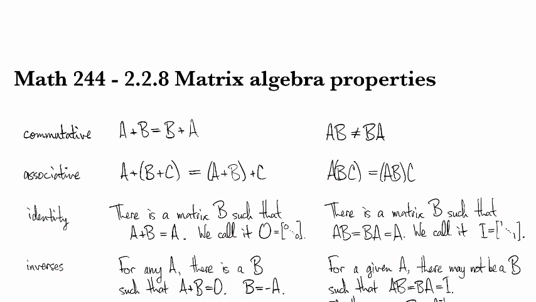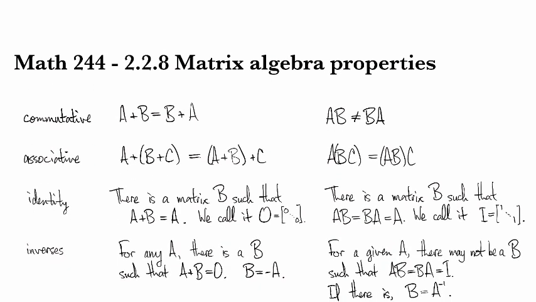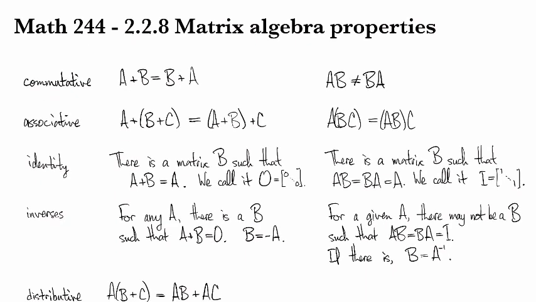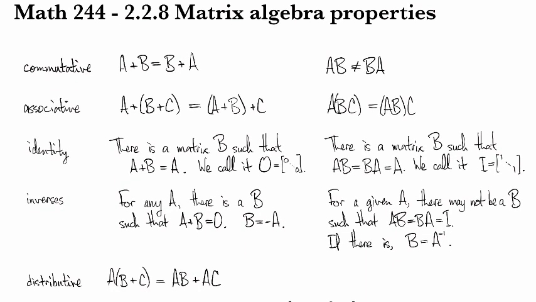There's also the idea of inverses, and here's another difference. For any matrix A, there's an additive inverse B, such that if you add A to B, you get the additive identity. We call B the negative of A, and it's just minus 1 times A. Things are different, however, if we look at the multiplicative version.